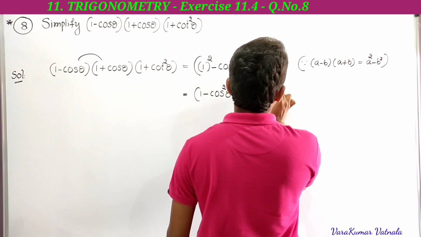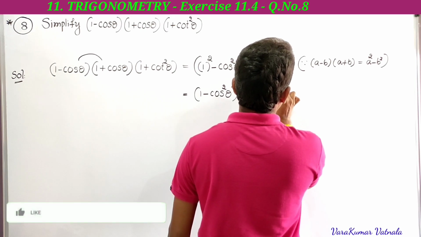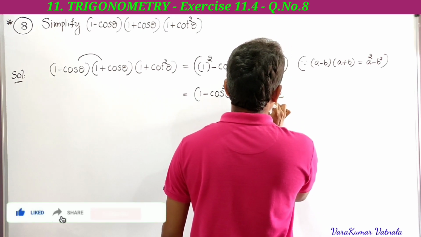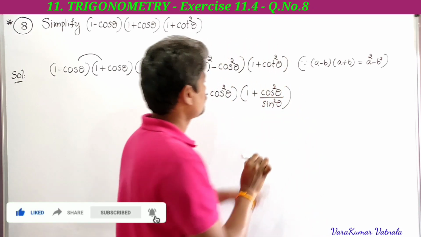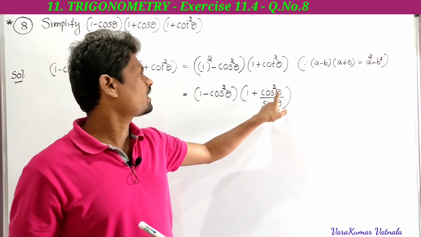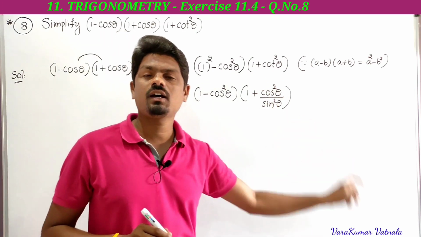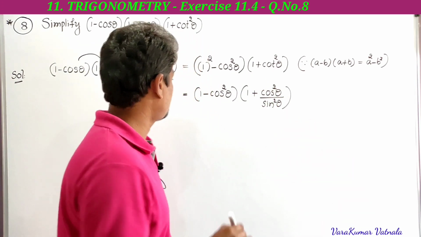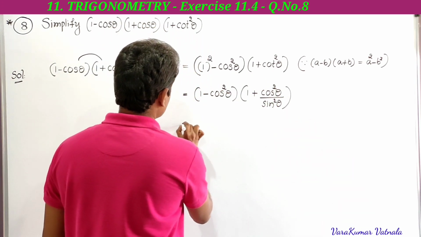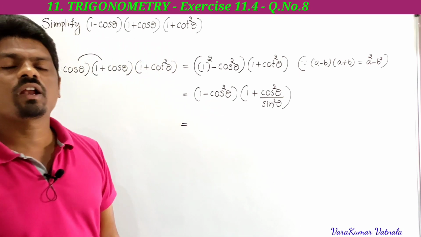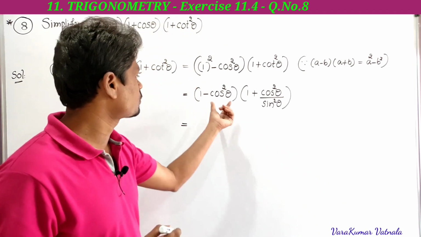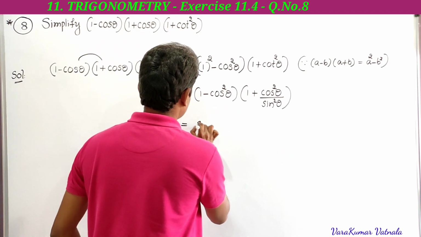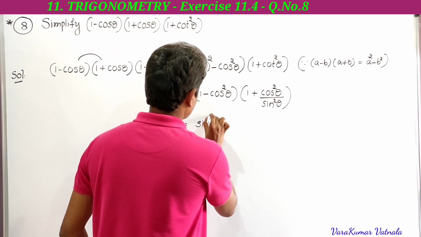Instead of cot square theta we can write cos square theta by sin square theta. Here, using the first trigonometric identity, 1 minus cos square theta equals sin square theta.